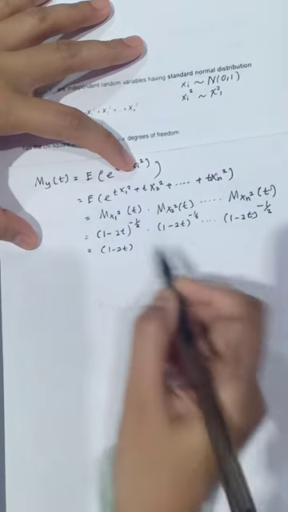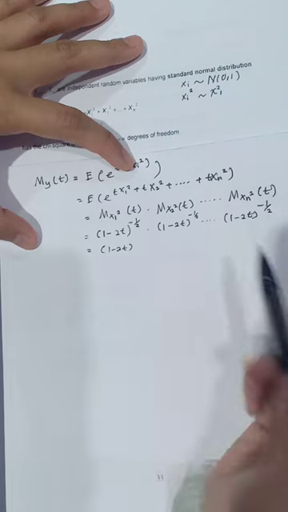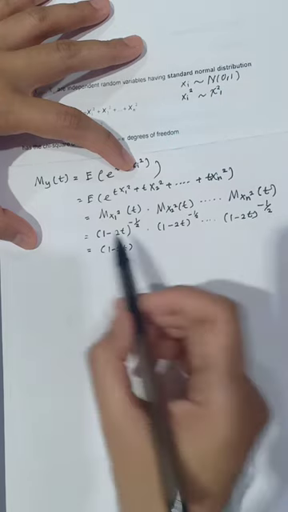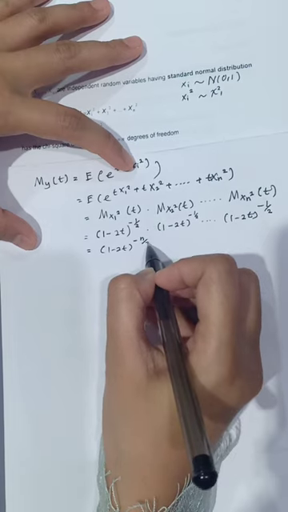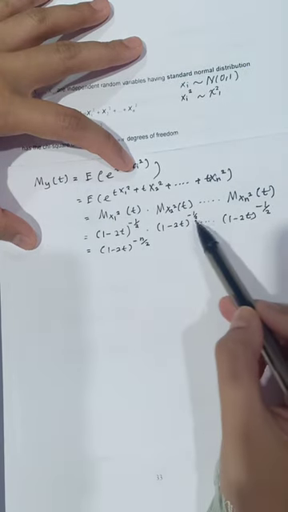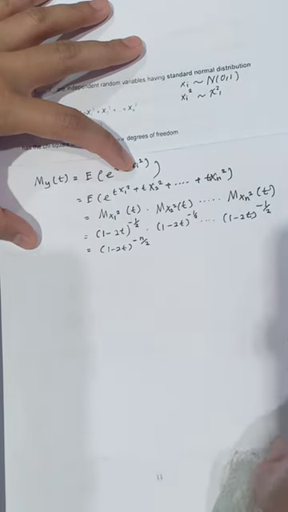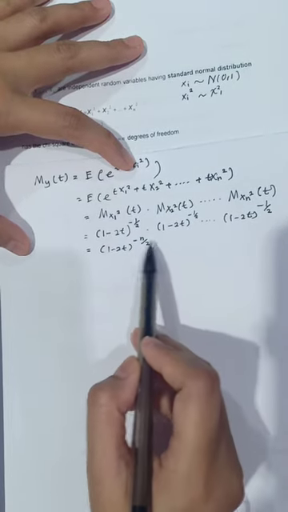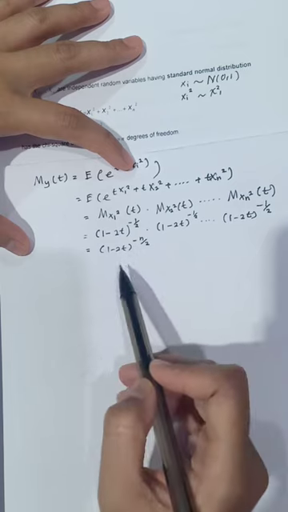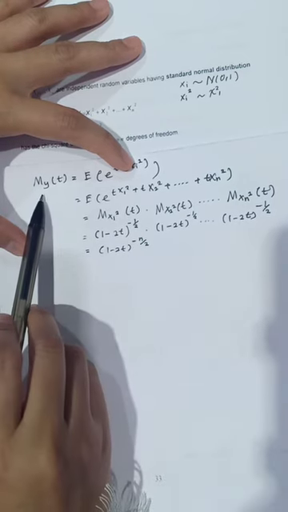You can add the indices of the variable. 1 plus 1 plus 1 plus 1 plus 1, it will be n. So it will be negative n over 2. So this is our final MGF that we get, the MGF for Y.